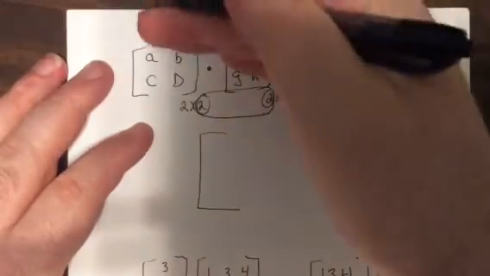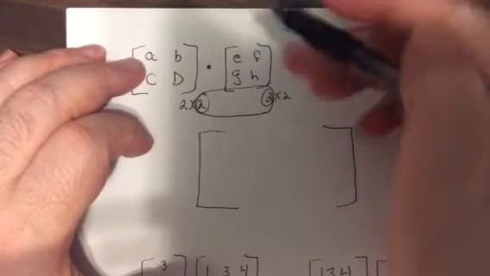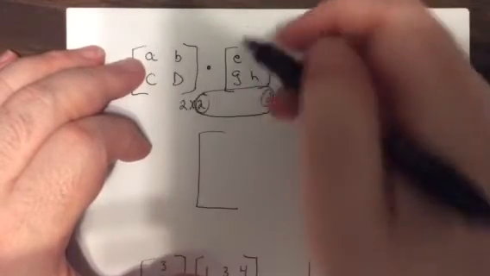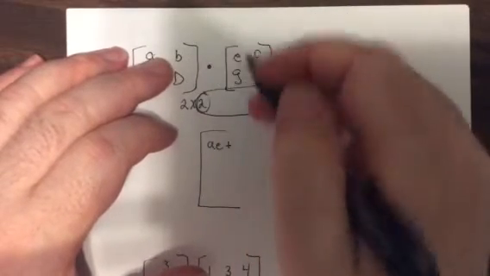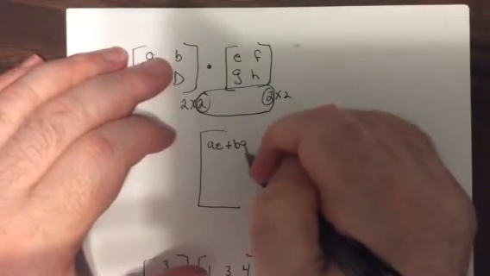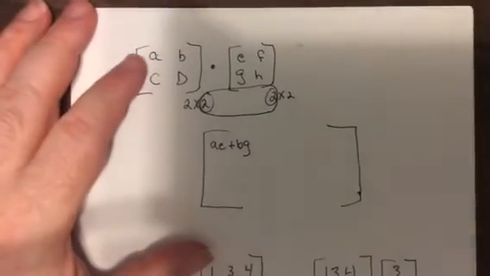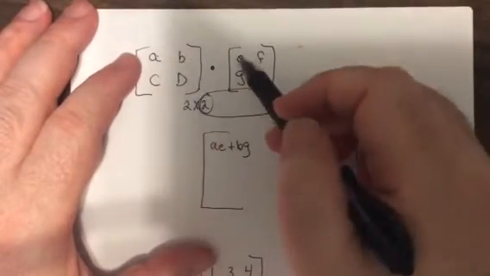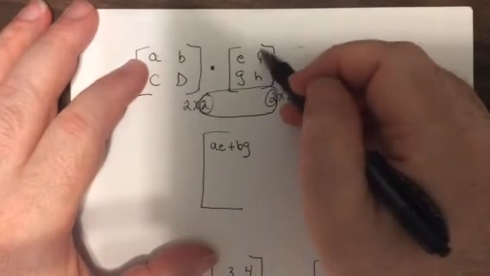You go across down. So A is multiplied to E, that's 1, 1, plus B is multiplied to G. So that's in the first spot, row 1, column 1. Then we have row 1, column 2.